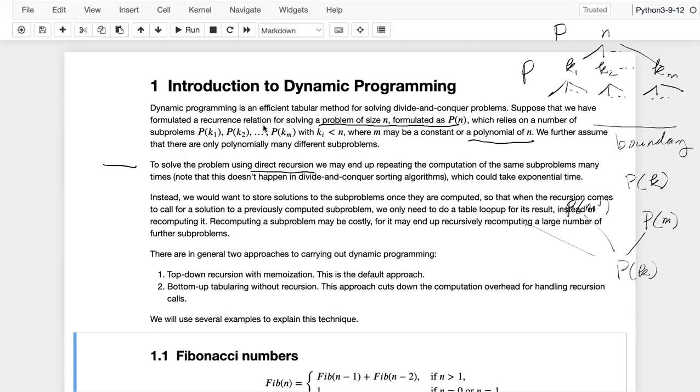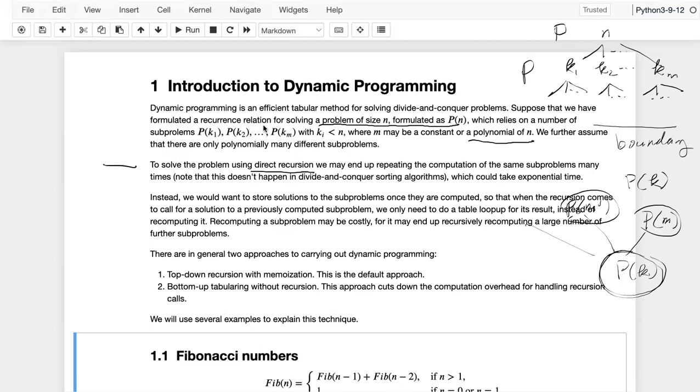So for each of these, you will end up computing the same subproblem. So if you use direct recursion, then each recursion will have to recompute this same problem.